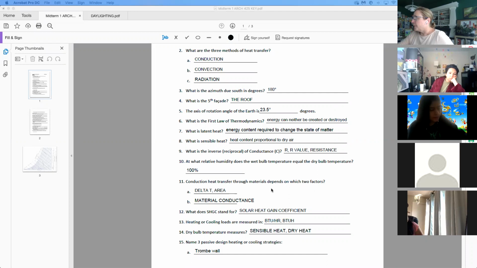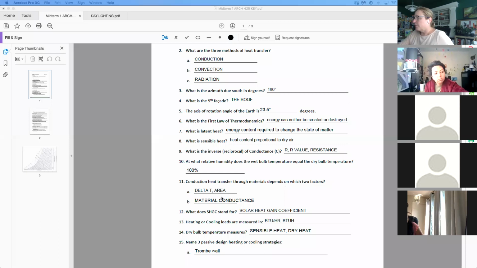The three things for conduction are the delta T, which is the temperature difference, the area of the material in square feet, and the material conductance. That is the value of the material that you have to go to a chart to look up the value of.